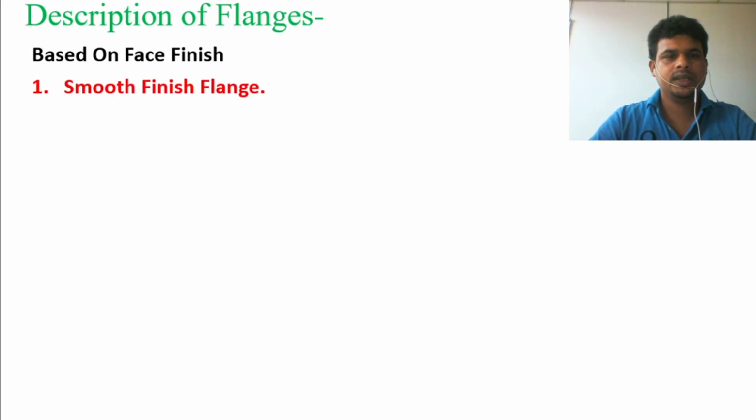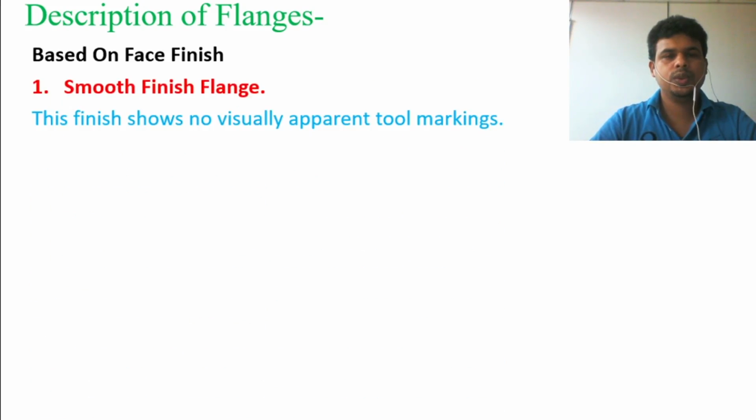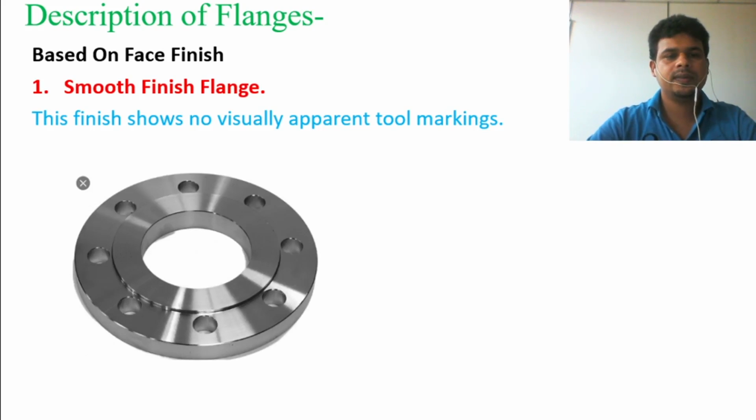So let's see the smooth finish. This finish shows no visual apparent tool marking. You can see in this flange face, this is smooth, it doesn't have any apparent marking. Let's see the serrated finish, then you will understand more.